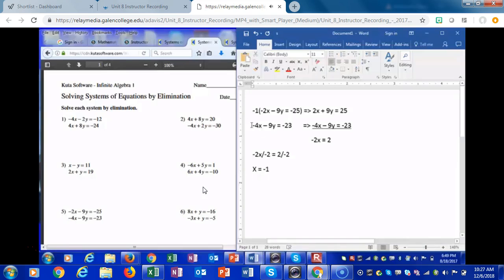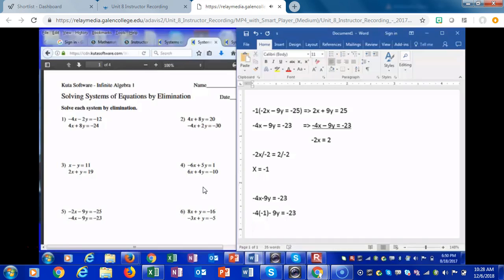So, I'm looking at this equation here. And I'm going to say negative 4x minus 9y equals negative 23. So we have negative 4 times negative 1 minus 9y equals negative 23.